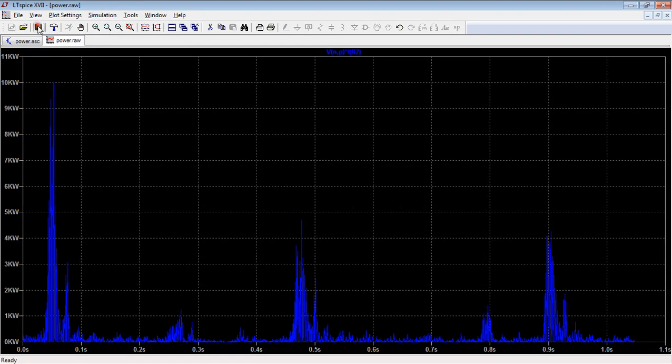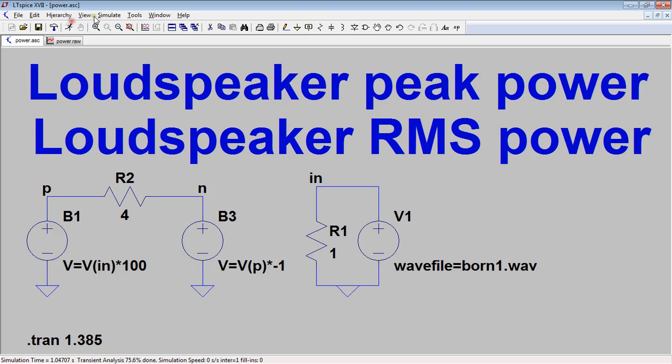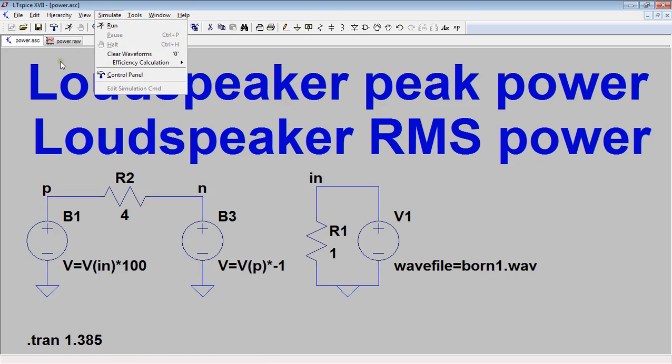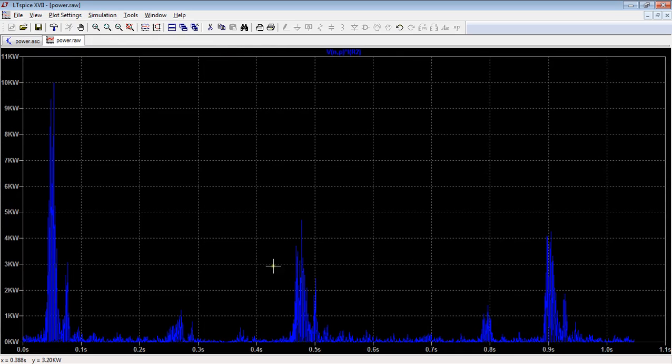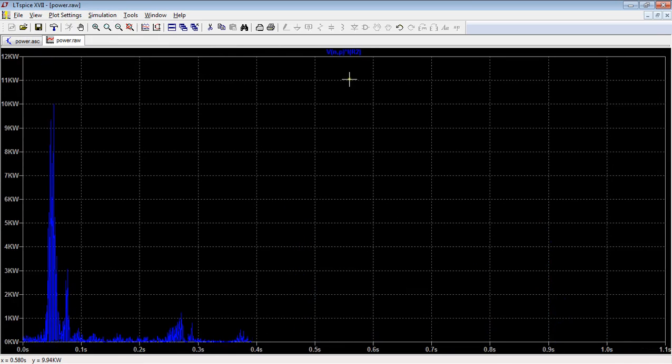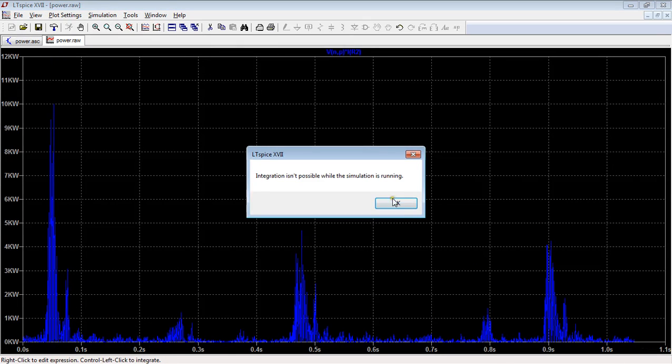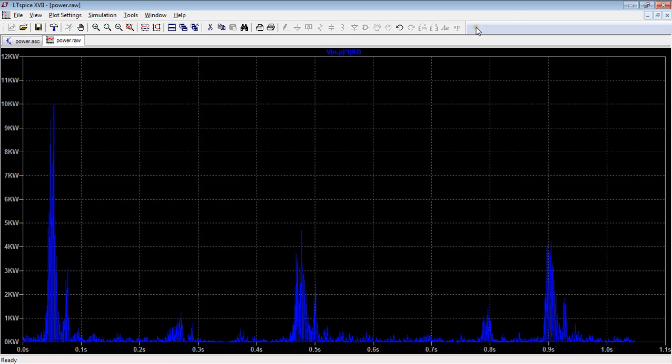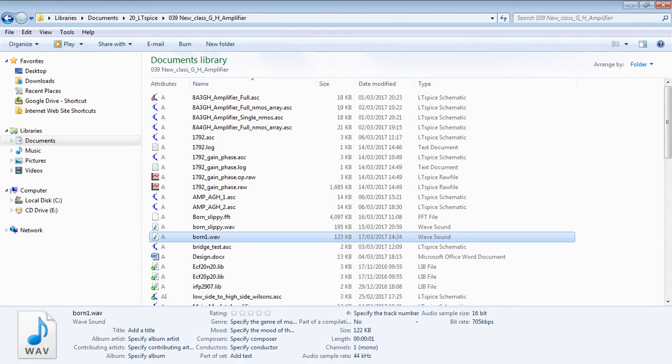I might have to restart this because it's somehow not stopped. Right, okay, it's stopped now. Right, so go back to this again. So I had 10,000 watts of peak power. I'm going to have to restart this. Right, let's do it again.